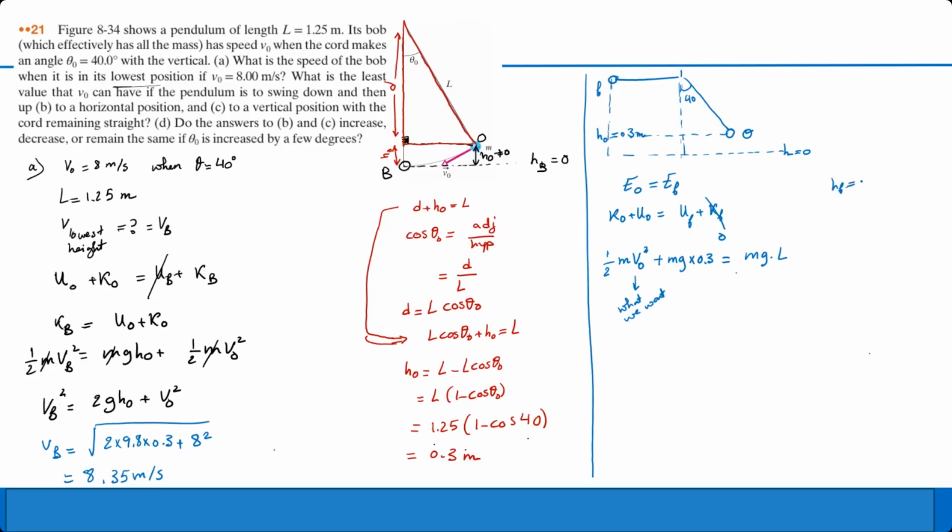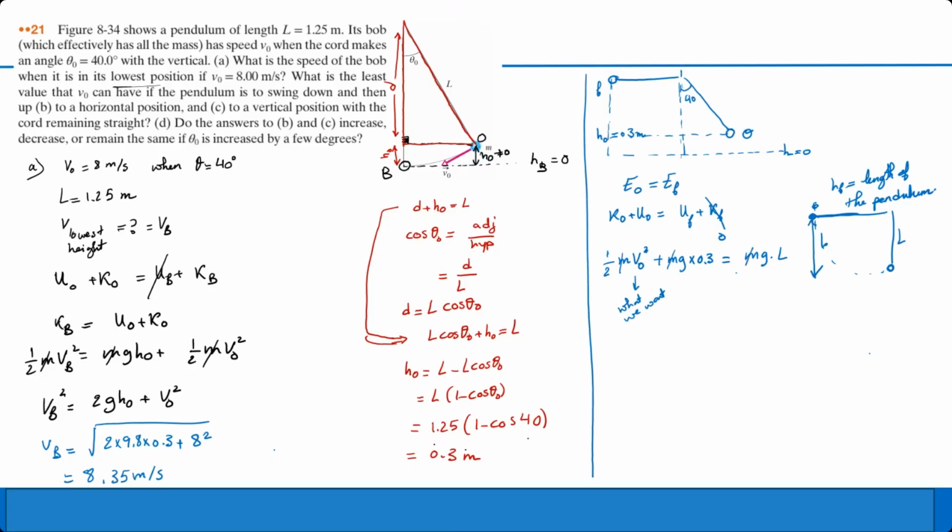HF equals the length of the pendulum. Why? The pendulum, when it's vertical like that, the length here is L. It goes all the way to the highest point. Its height to the lowest point is still L, all right? So things look solvable.